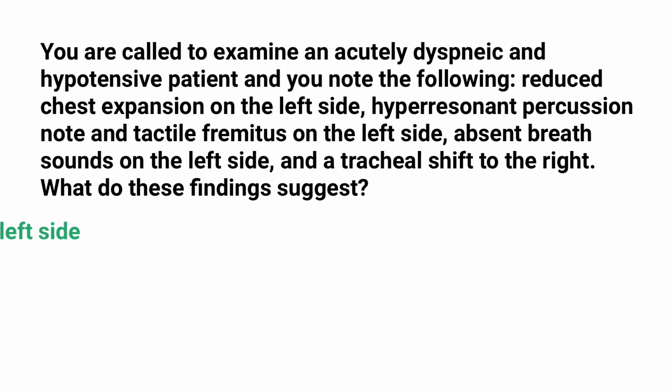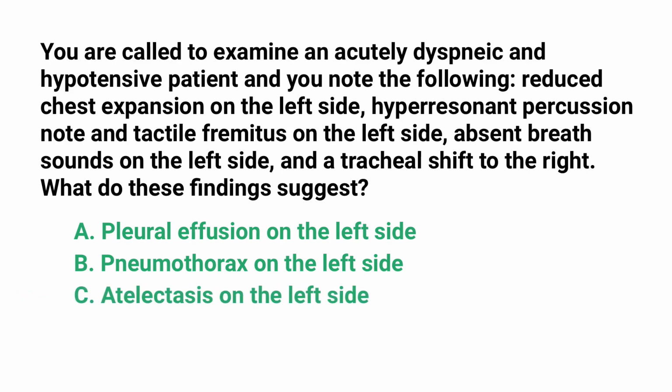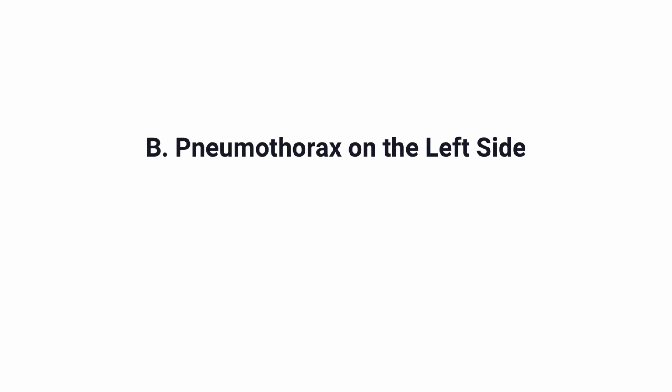Is it A, pleural effusion on the left side, B, pneumothorax on the left side, C, atelectasis on the left side, or D, consolidation on the left side? The correct answer is B, pneumothorax on the left side.